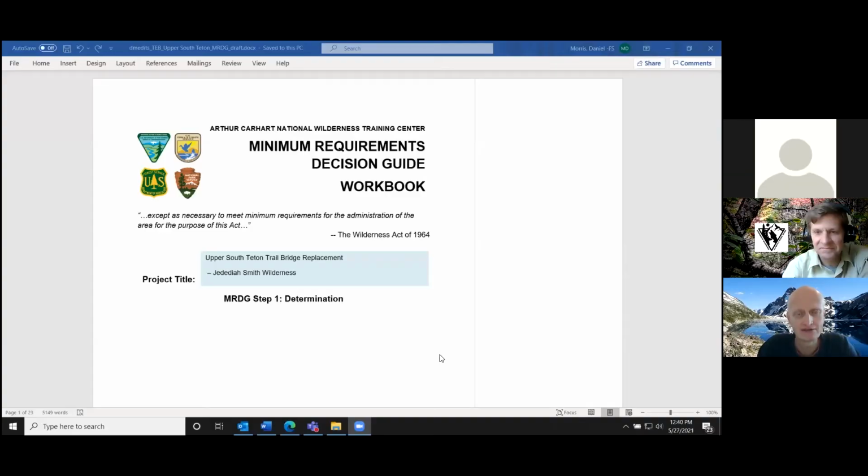All right. So with that, I'm going to jump into an example here. Upper South Teton Bridge replacement in the Jedediah Smith Wilderness on the Caribou-Targhee National Forest. And we're in our process of some back and forth with me giving the forest some edits.